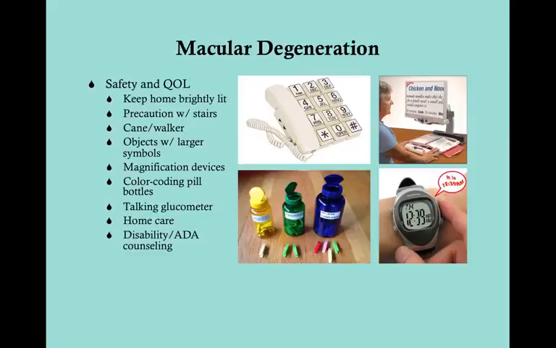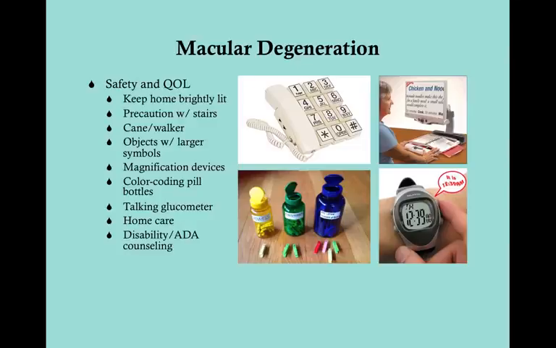So things such as keeping the home brightly lit, important for safety purposes. Precaution with stairs. A lot of times we'll give them a cane or a walker. A lot of these patients are elderly women, and so we're also concerned about bone breaks from falls. So we'll want them to have something to stabilize them.